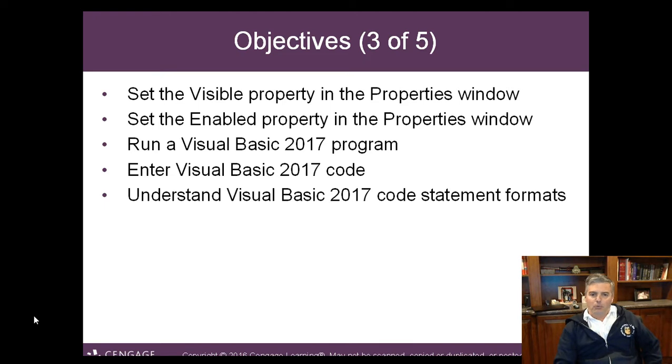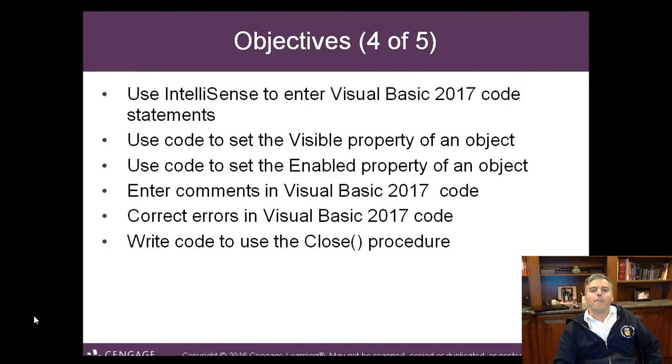We'll talk about running and compiling your programs, and then we'll start entering code in our programs. We'll talk about the dot notation, which is the code statement format for Visual Studio, and most programming languages use some type of dot notation. We'll talk about Intellisense and how that can help you as you're coding. So we'll use code to set our visible property or enabled property.